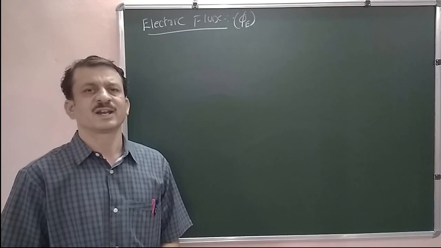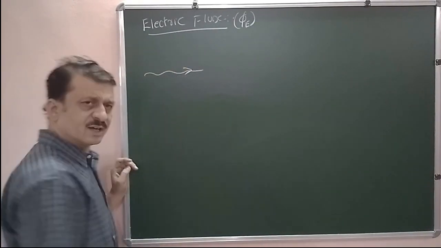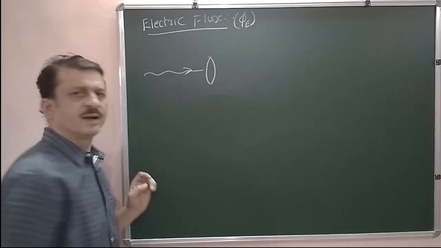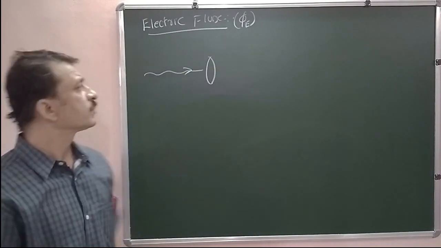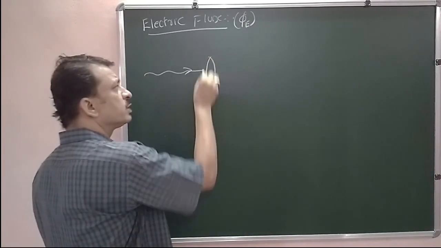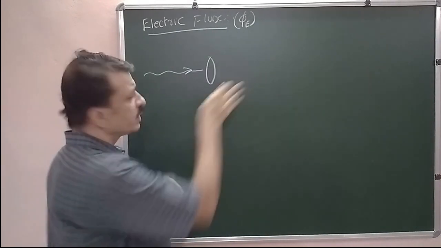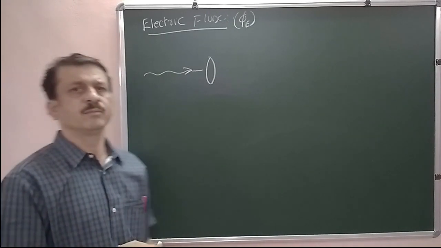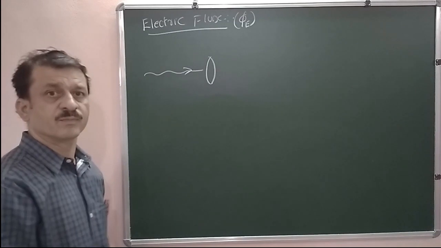Now we'll study the electric flux. Consider a river in which water is flowing. Now take a ring and calculate how much water is flowing through the ring. The quantity of water flowing through the ring not only depends on the volume of water passing in a given time, but also depends on the orientation of the ring.